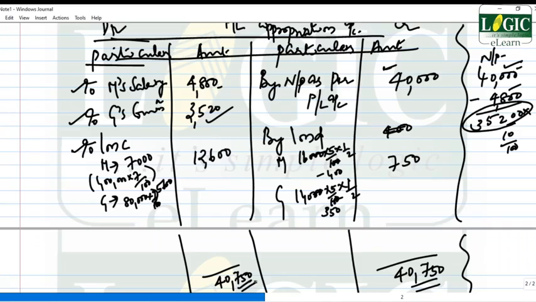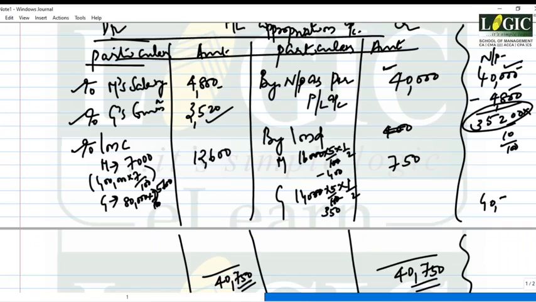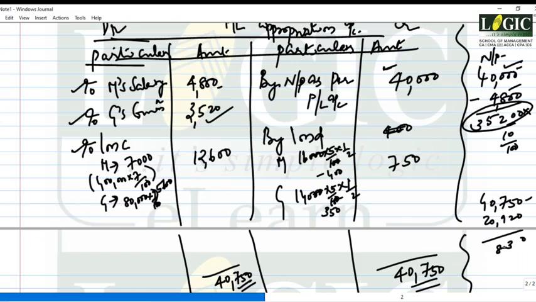From that, 40,750 minus 20,920 gives 19,830, which is the resultant figure, the difference.